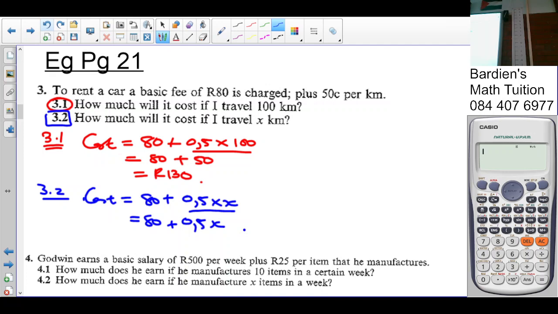Who got that one right? Okay, nice. Any confusion here? You see, once you can set up 3.1, then it should be easy to set this up. Why? Because we're just replacing the 100 with an X. You understand? We're just replacing 100 with an X.